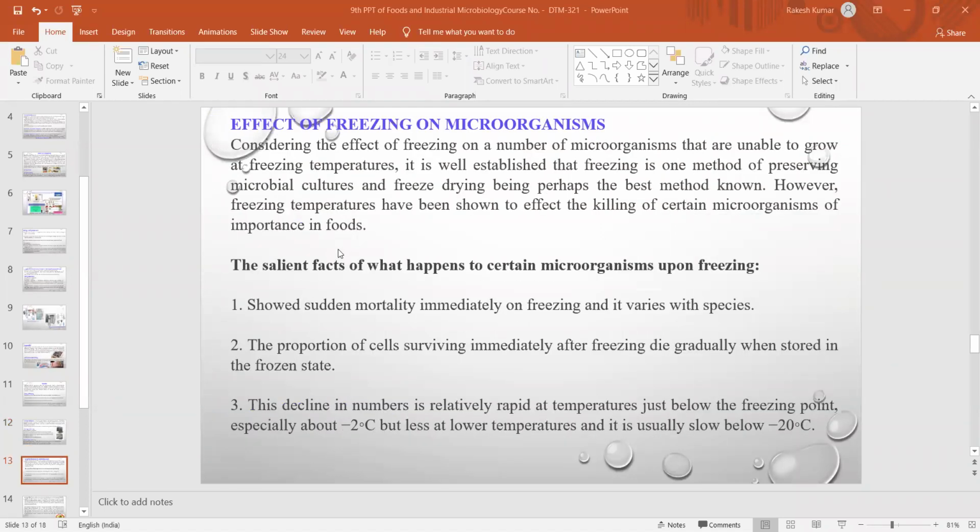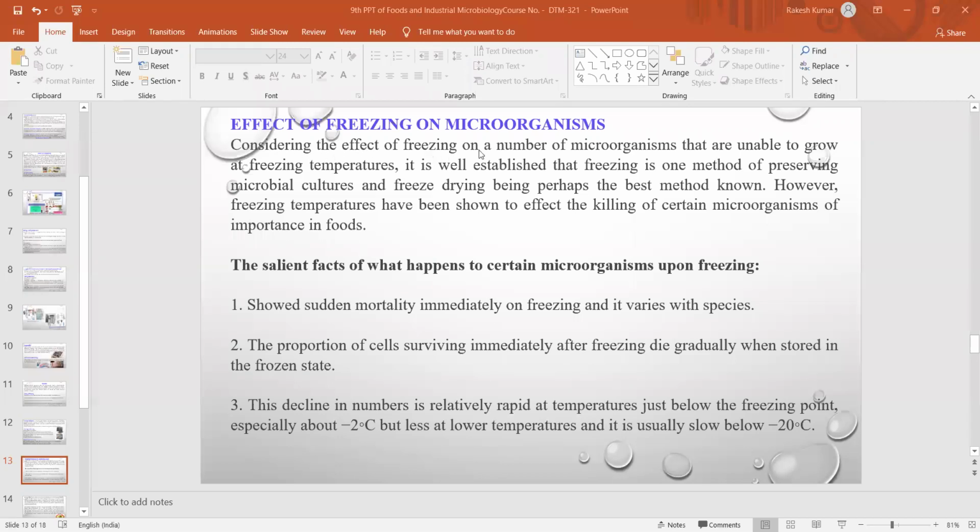So now the effect of freezing on microorganisms. We are mainly concerned with this slide, or the next slide. What is the effect of freezing on microorganisms?